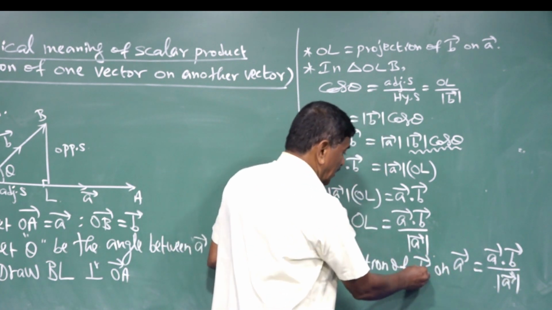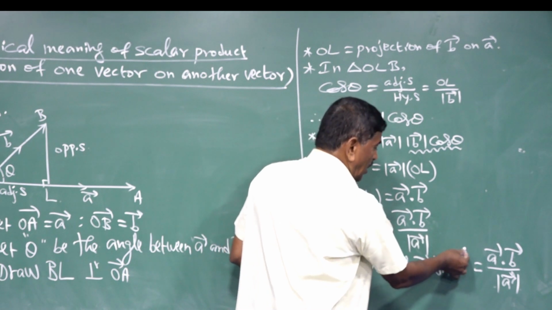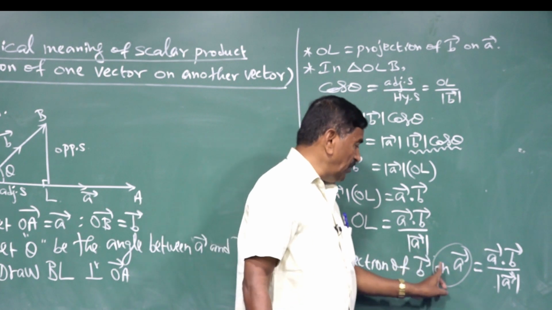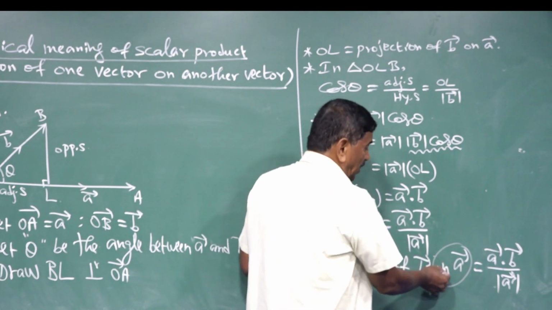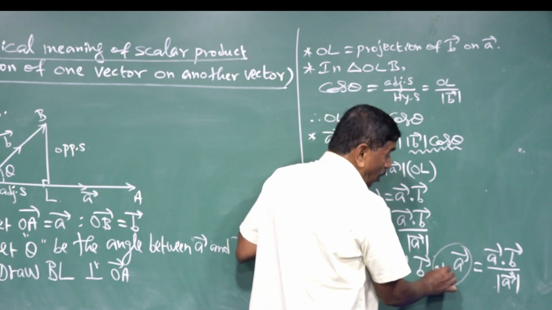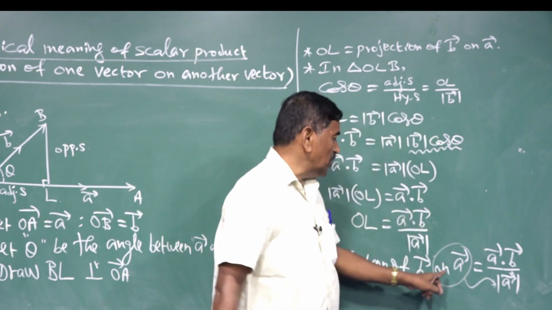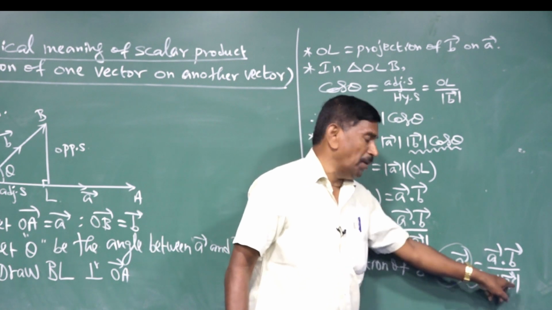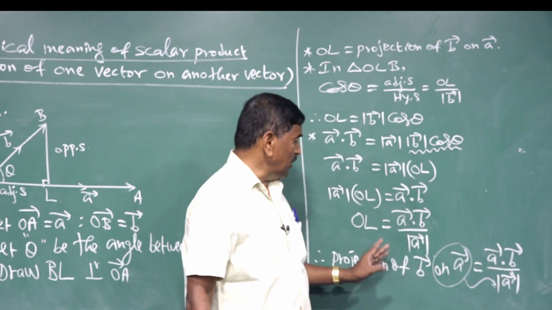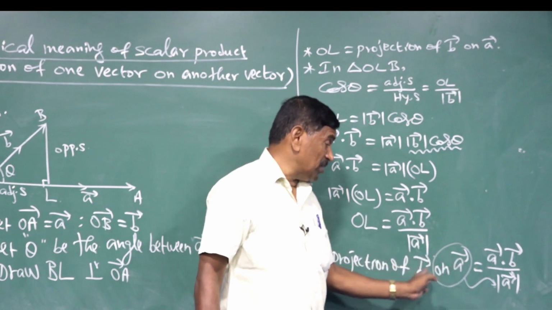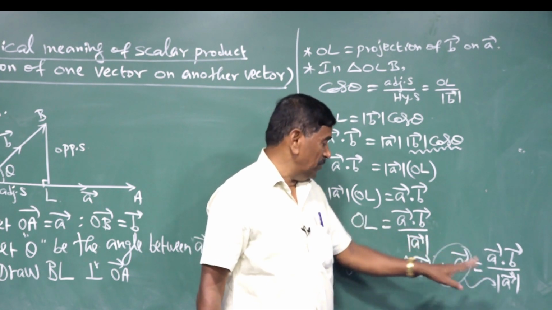Now, listen to the technique. I have a technique. The keyword which represents "on A vector" should lie in the denominator. So, this "on A vector" comes in the denominator. That is the technique. And this formula is not a fixed one. According to how the vectors are interchanged, we can change the formula.